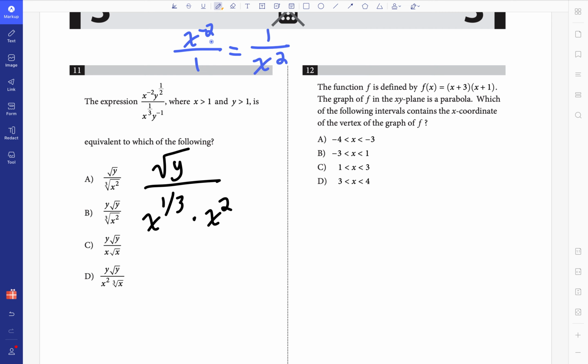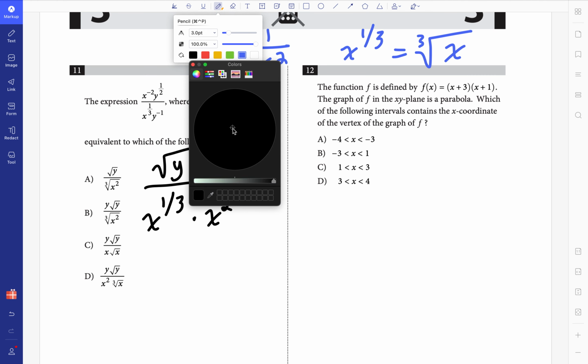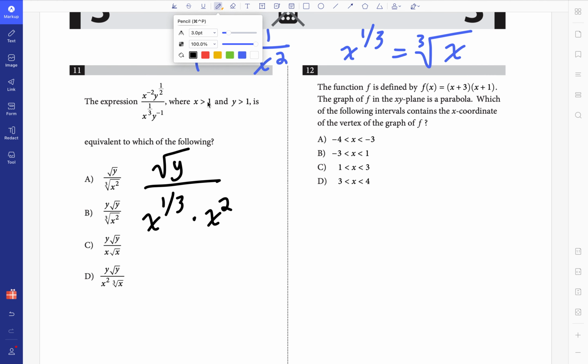But the exponent will become positive as it goes down to the denominator. And x to the 1/3 is just cube root of x. Yeah, I think that's enough. Okay, now let's go back to black.